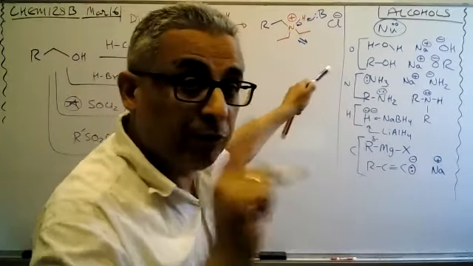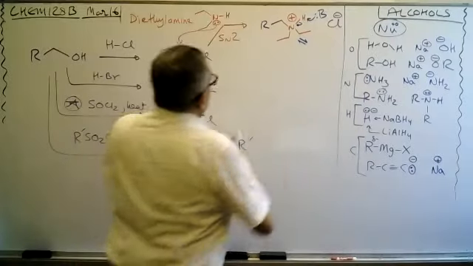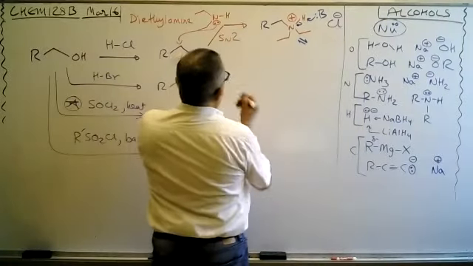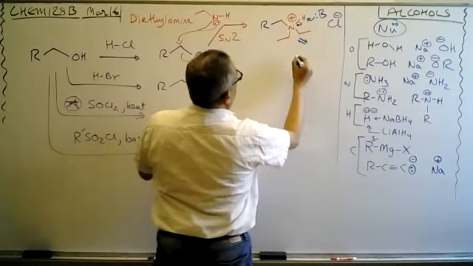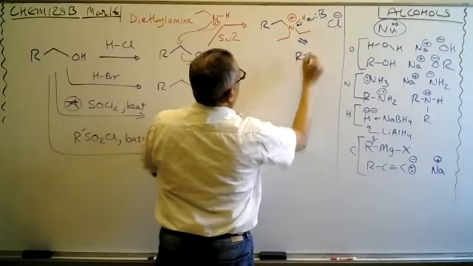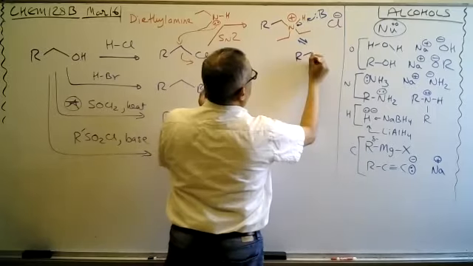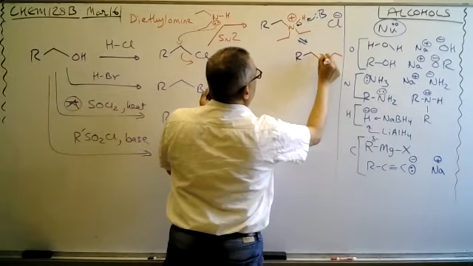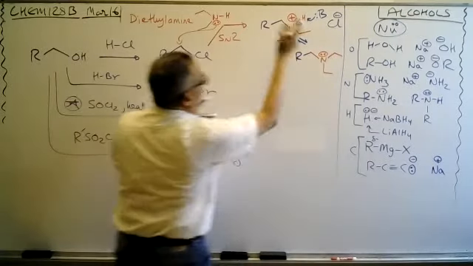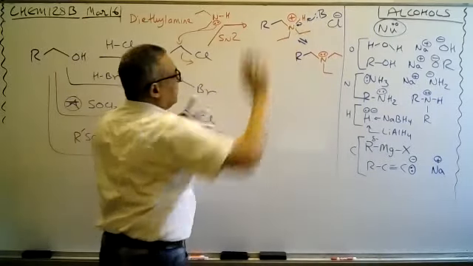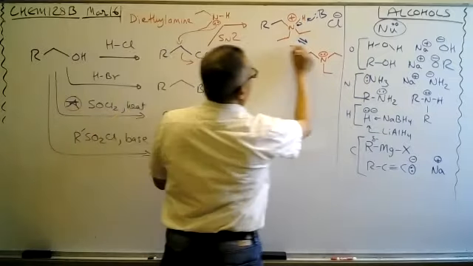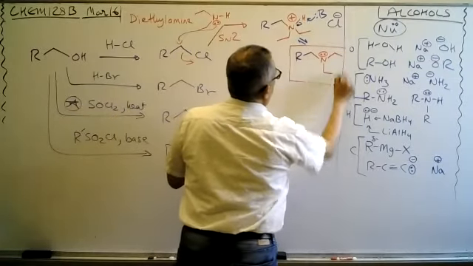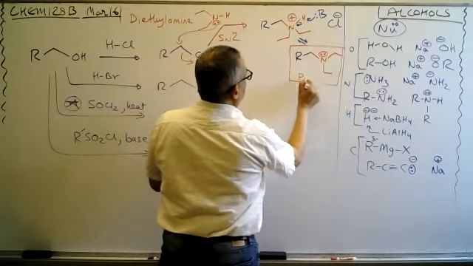That's what you need to get used to. What does the product look like now? Well, it looks like this. R, lone pair is back, and the base has picked up a proton. So this is the final deal, final product.